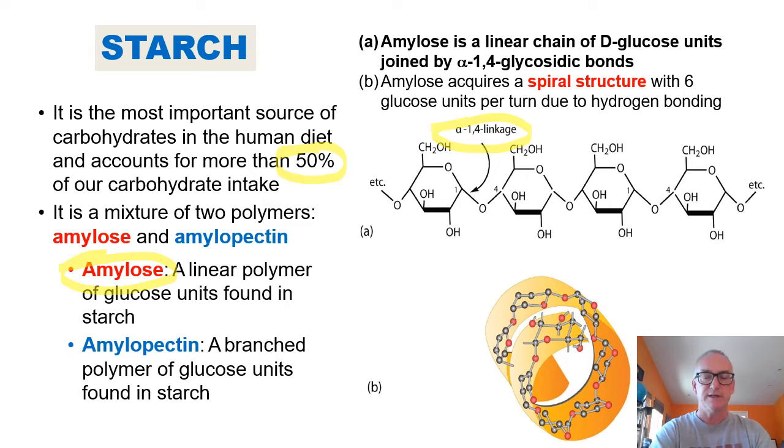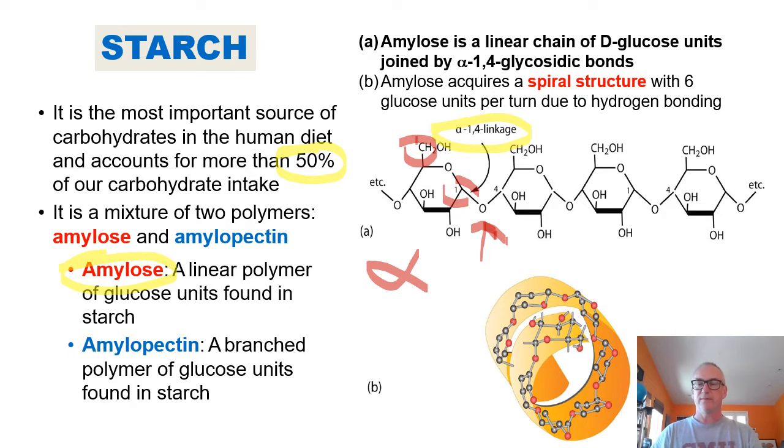So here's carbon 6. There's our anomeric carbon. There is the linkage, and it is in trans. That is an alpha 1,4 linkage, and it just goes on and on. So it's just one long stretch of glucose units.